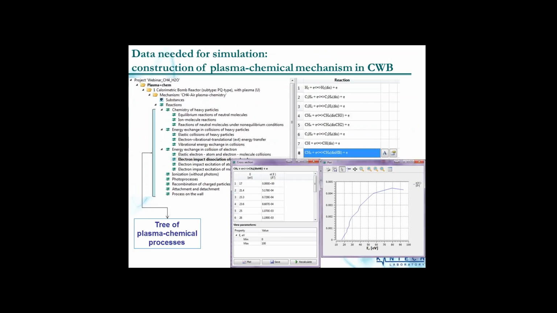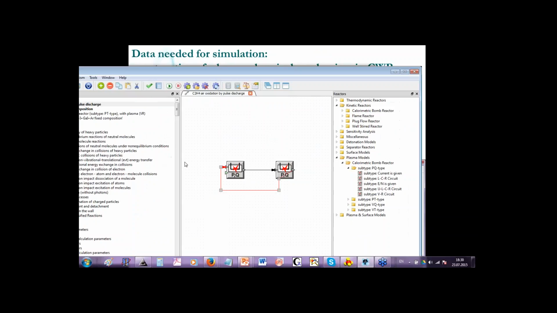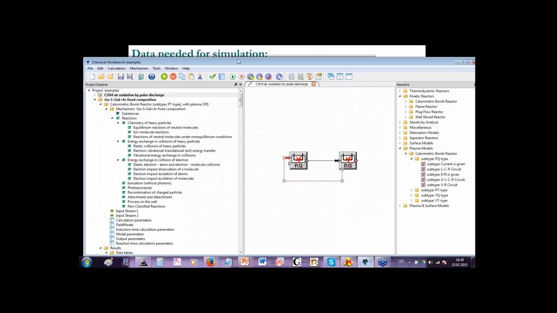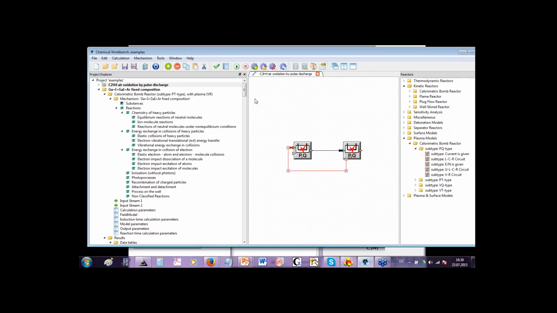Now about the data. You remember the second slide, when we separated the whole problem into the model and the data. Now we will move into the data. To simulate a plasma chemical process, the amount of data is very huge and much larger than in the case of simulation of normal chemistry, because for every chemical species we should take into account the interaction with the plasma, like the elastic, rotational, electronic, and many others.